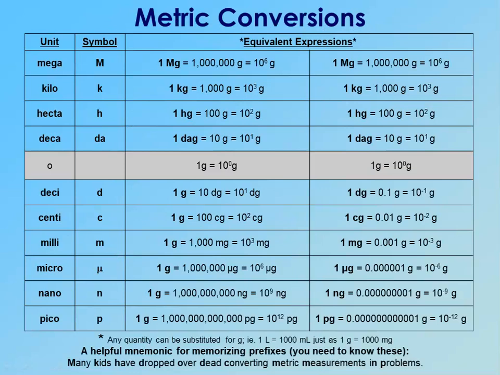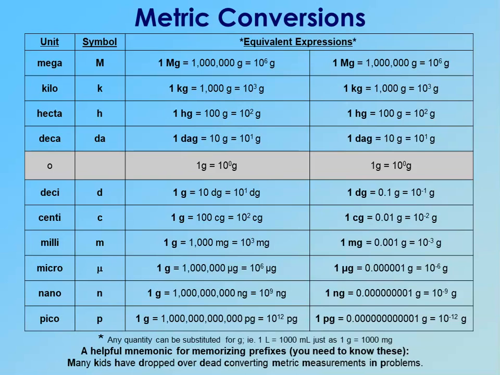So I've given you a chart of metric conversions showing you the relationships between prefixes and the base unit. Grams is used here as an example, but it could be any unit. It could be liters, it could be moles, it could be seconds, it could be amperes, anything along those lines.